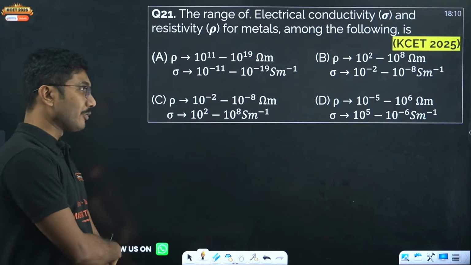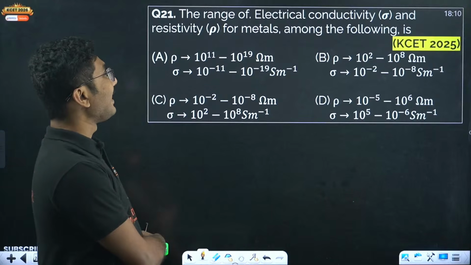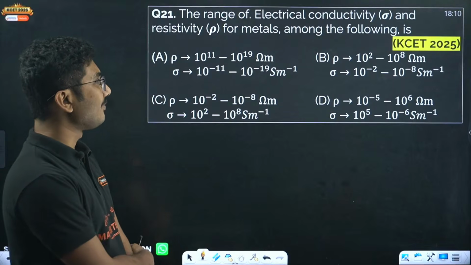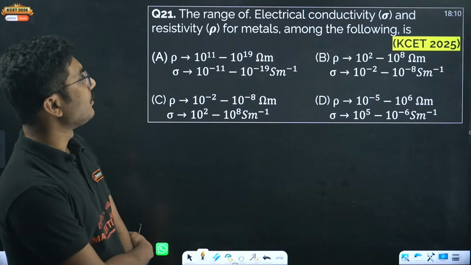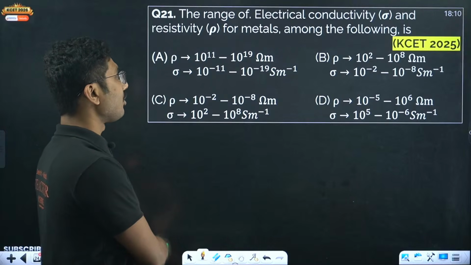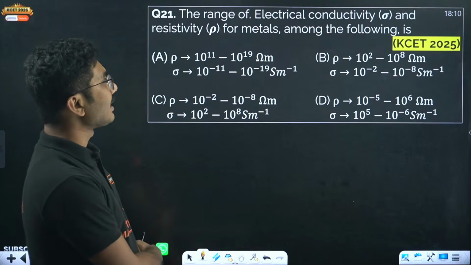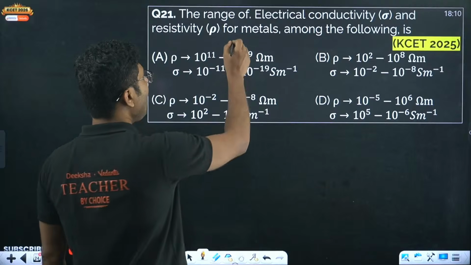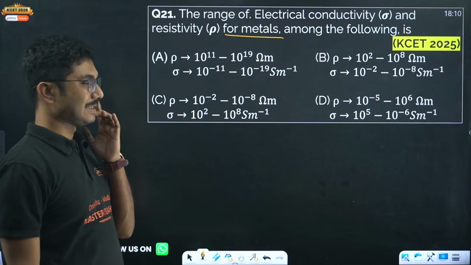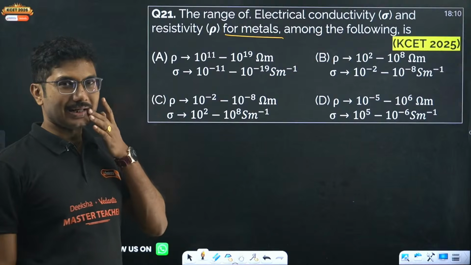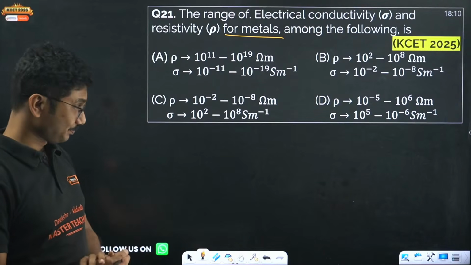So let's see one question from 25. The range of electrical conductivity sigma and resistivity rho for metals among the following is. So electrical conductivity and resistivity for metals, not semiconductors but metals. Even though the chapter is semiconductors, they are asking a question about metals.